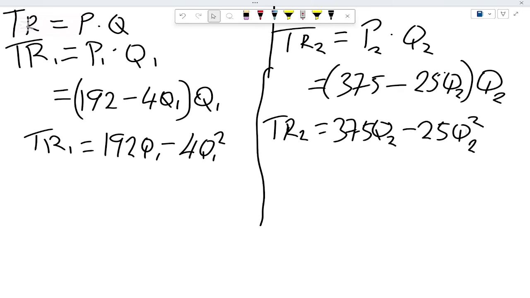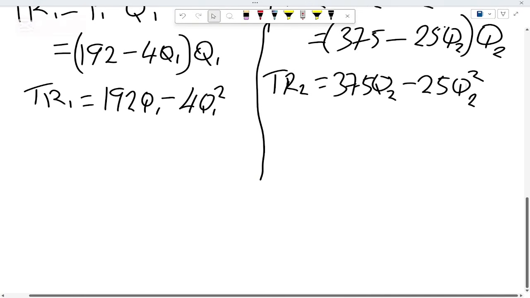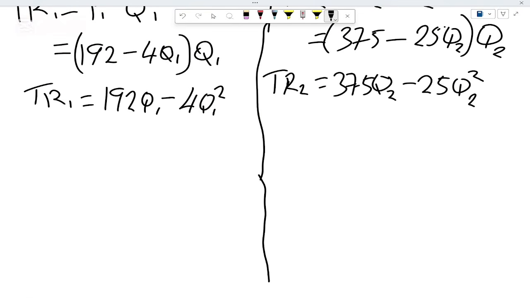Then what next? Having gotten your total revenue, you proceed to obtain your marginal revenue.